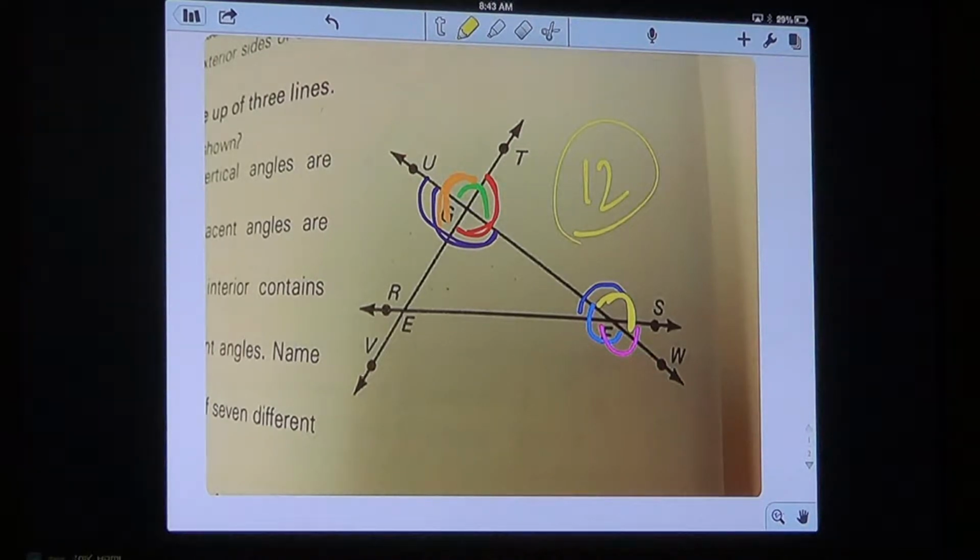What number is this for again? This is number 21. How many pairs of adjacent angles are there? Each time you have an intersection of 2 lines, there would be 4 pairs of adjacent angles. So since there's 3 intersections, that would make 12.